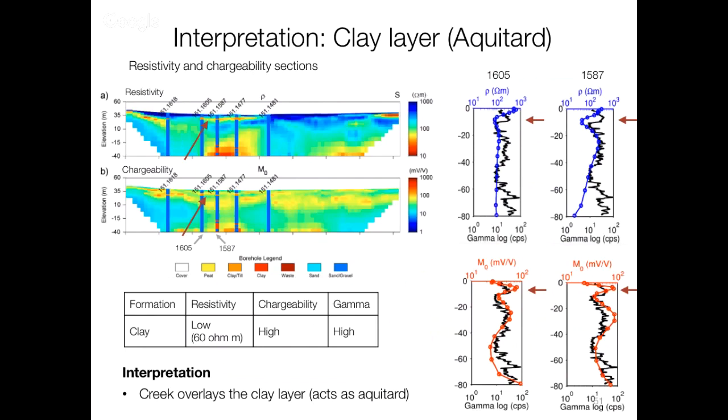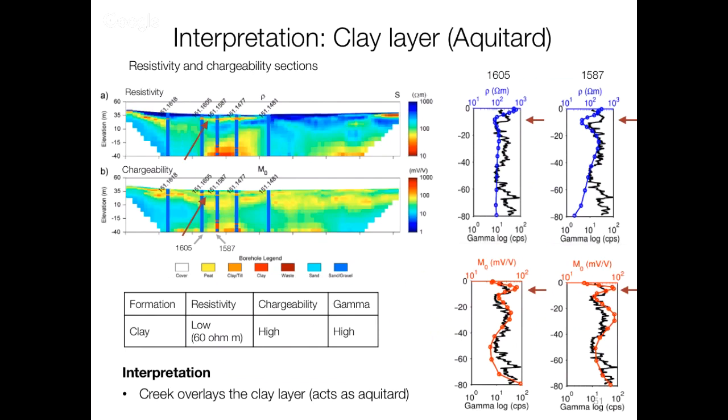To add further confirmation to that picture, look at the chargeability. The chargeability is very small in the first few meters, and then there's a large chargeability coming in through here. If we look as a function of depth, the chargeability increases with depth, at the same place that the resistivity had that low.